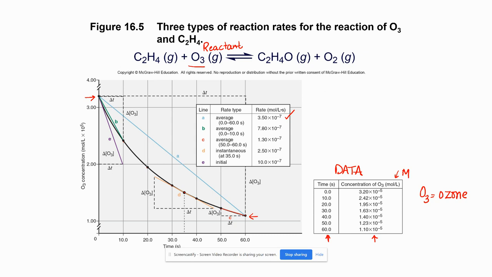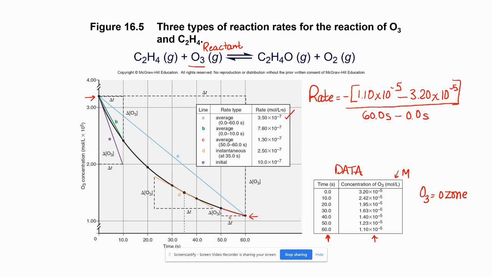Now, where are they getting that number from? That's going to be rate will equal negative, because that's our reactant. And then we'll look at concentration: 1.10 times 10 to the negative 5 minus the initial, which was 3.20 times 10 to the negative 5, divided by our final time, which is 60, minus 0 seconds.